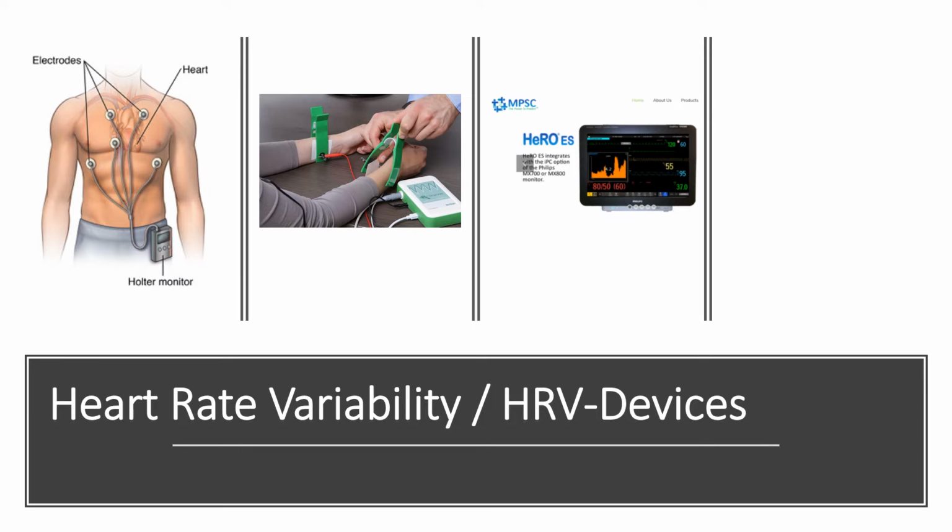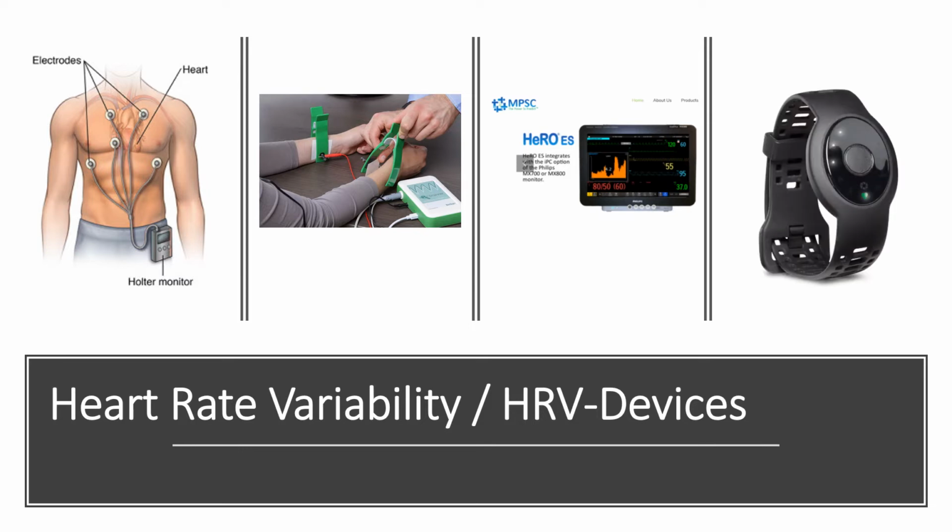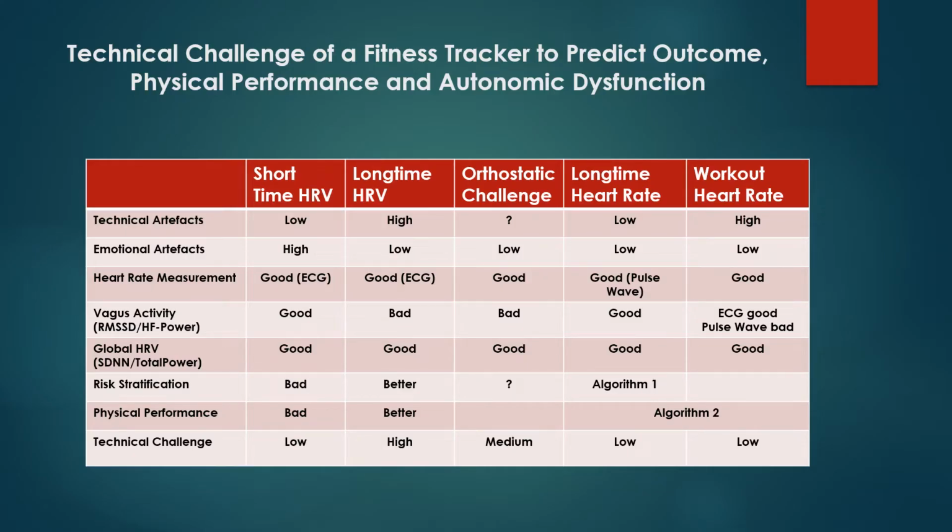analyze heart rate variability. In this lecture, I want to introduce the possibilities to measure heart rate variability with wearables. There are important limitations to measuring heart rate variability based on technical challenges. In summary, it seems to be easy to measure the heart rate during long-term and short-term measurements using the ECG or the pulse wave.